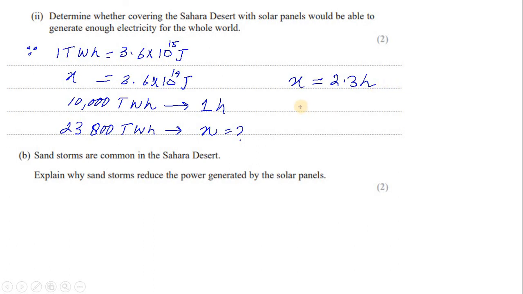So it is less than 3 hours. So of course you say that the required electricity is generated in less than 3 hours or around 2.5 hours. So indeed it will work.